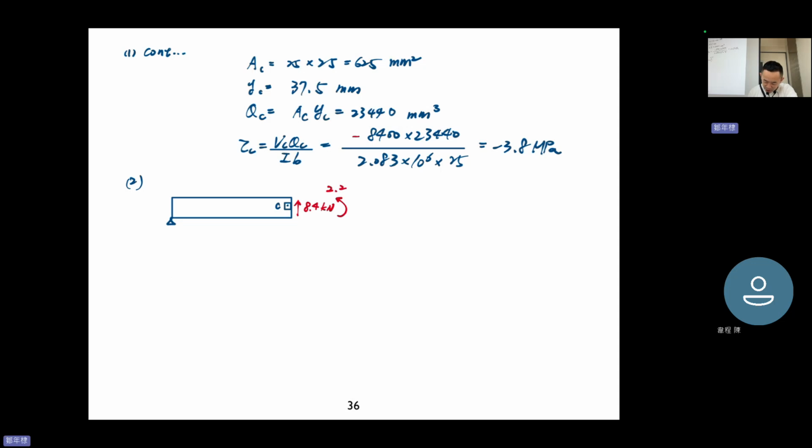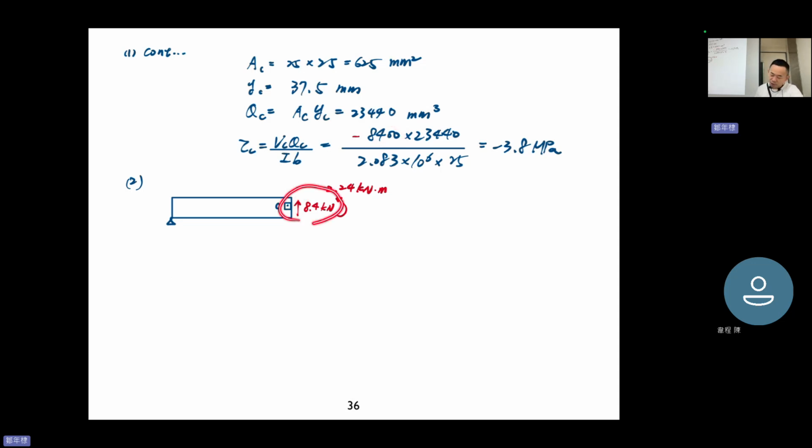Sorry. I wrote too fast, I originally wanted to ask everyone what the direction is. You see, minus 8.4 kN, right? This value actually comes from the shear moment diagram. Remember, V downward is positive, so this minus 8400 is up, right?